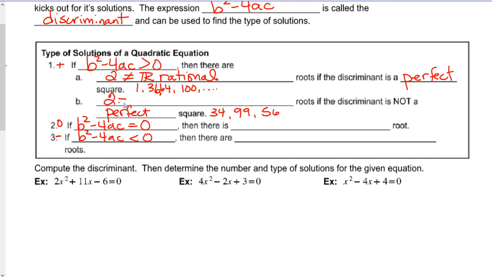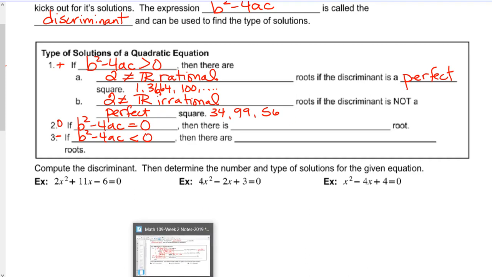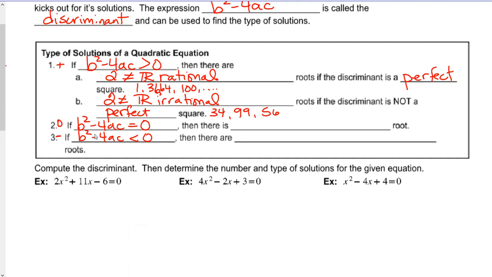And here we're going to have 2 unequal real irrational roots. Now, the order they may do it, they may say 2 unequal irrational real roots or whatever the case may be, but make sure you have each of those pieces. Now, if I have b squared minus 4ac, all that underneath the square root, equal to 0, then there is going to be 1 real double root.